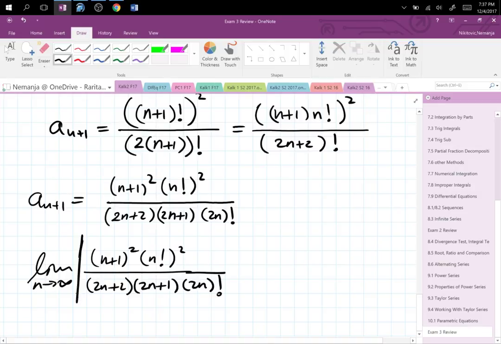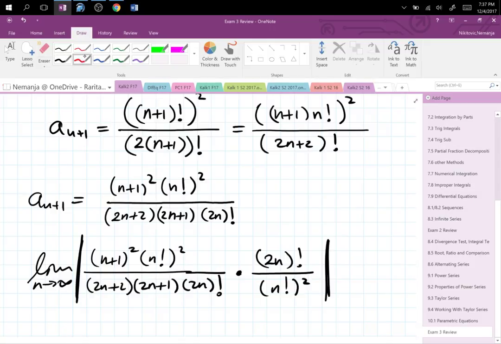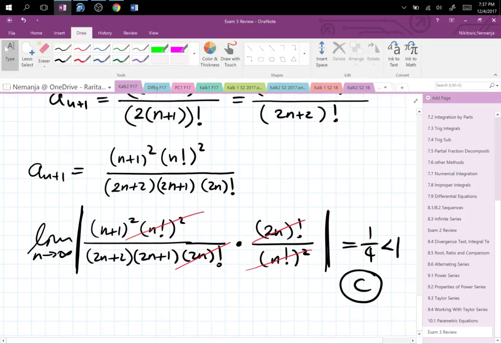Don't forget the absolute value. Times, I'm immediately flipping the original one, which is 2n factorial, and then n factorial squared. And now this cancels, this cancels, and the whole thing is 1/4, which is less than 1, which is convergent by ratio test.